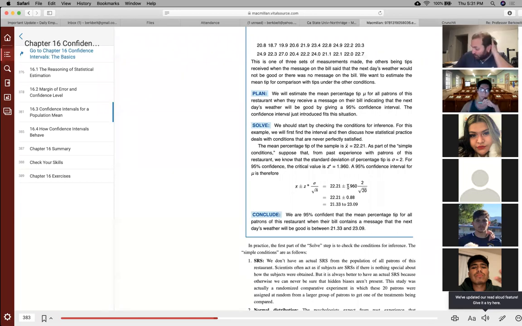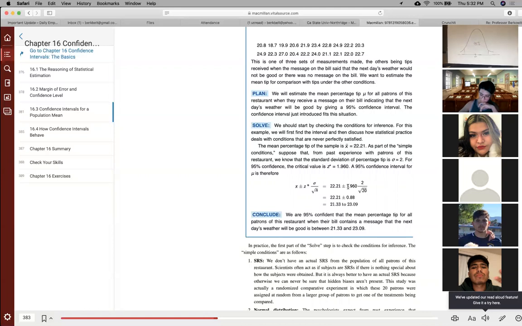So the center is 0. And we want a 95% confidence interval, correct? So I want you to go out in both directions until you've obtained 95% of your data.